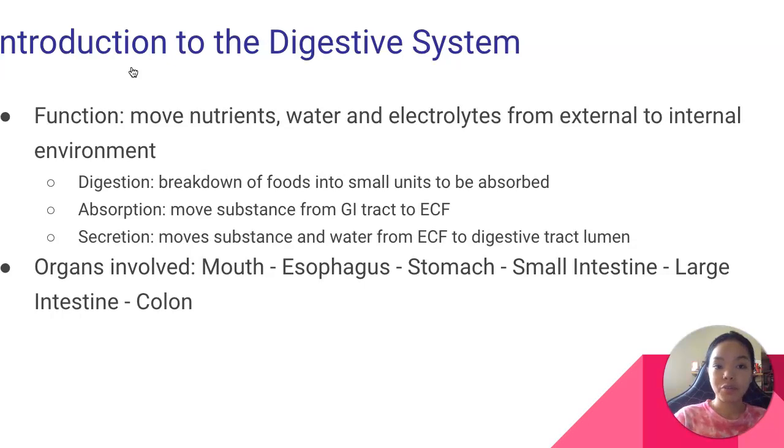So starting off with a brief introduction to the digestive system, the function of the digestive system is essentially to move nutrients, water, and electrolytes from the external environment to our internal environment. This typically consists of 3 phases or steps, and that would be digestion, absorption, and secretion. Starting off with digestion, this is the breakdown of foods into small units, which would then be absorbed by the small intestine.